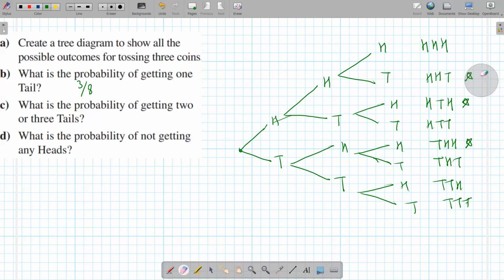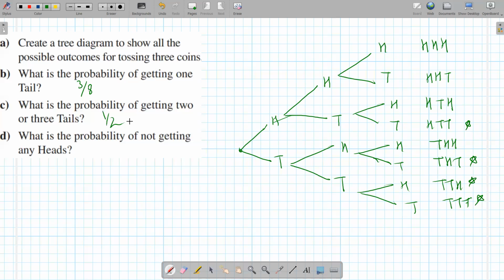What about B? 2 or 3 tails? So 2 tails: this one, this one, this one, and then it says 3 as well. So what is that probability? 4 out of 8, and that is 1 over 2 when you reduce it.